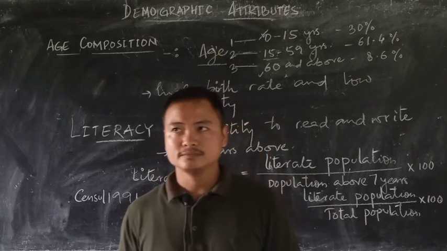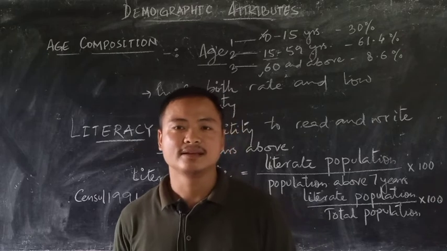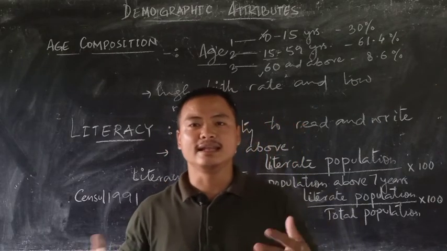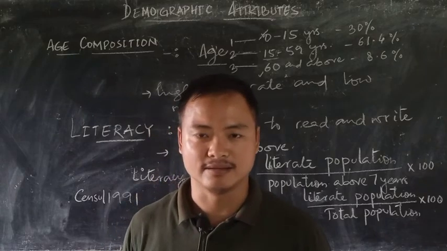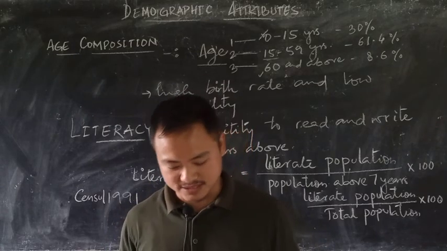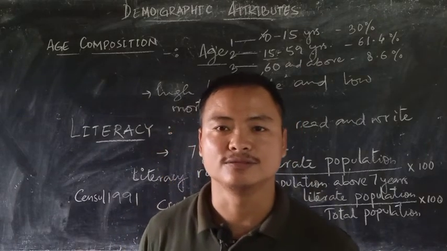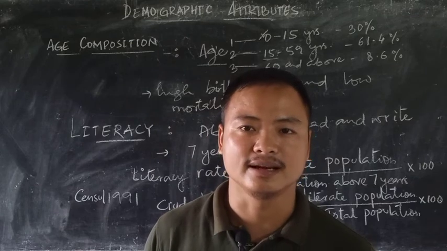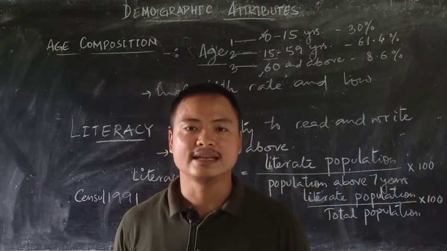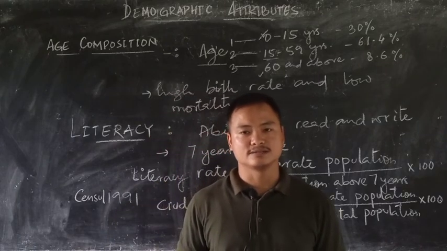But as years passed by, as per the 2011 census, we find a leap in the literacy level of India with almost 64.32% literacy rate of the total population. This means that India has changed over the years in terms of education.